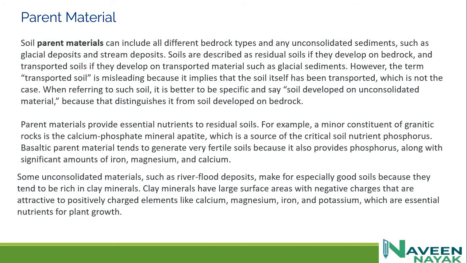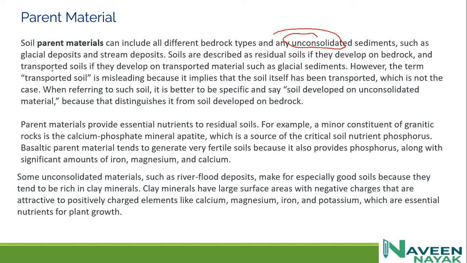Parent material. The soil parent material can include all different bedrock types and any unconsolidated, meaning separated, sediments such as glacial deposits and stream deposits. Soils are described as residual soil if they develop on bedrock, and transported soil if they develop on transported material such as glacial sediments.